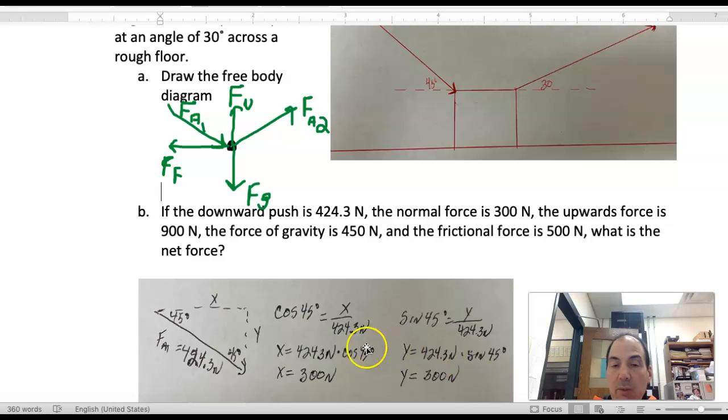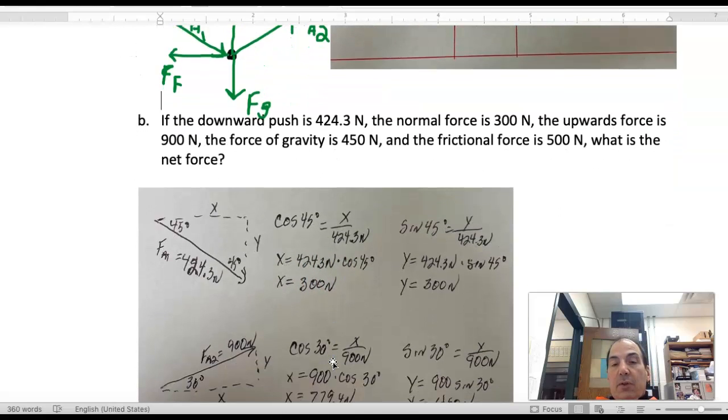I showed the work anyway, but it's an isosceles triangle, so x and y have to be equal. So x would be 424.3 times the cosine of 45, which is 300 newtons, which means y is 300. Now, technically, I have to keep in mind that I'm pushing down and to the right. So this is really going to be a negative y, but this is going to be a positive x. It's going down and right.